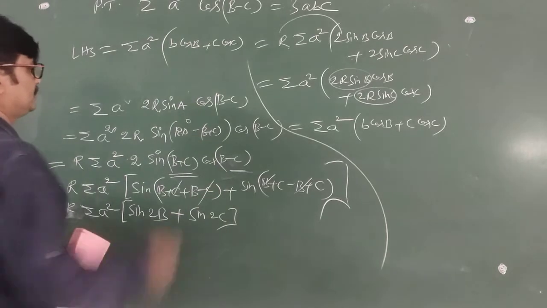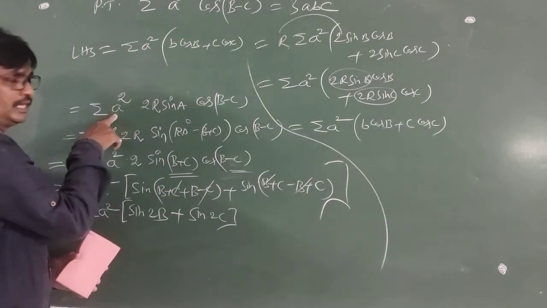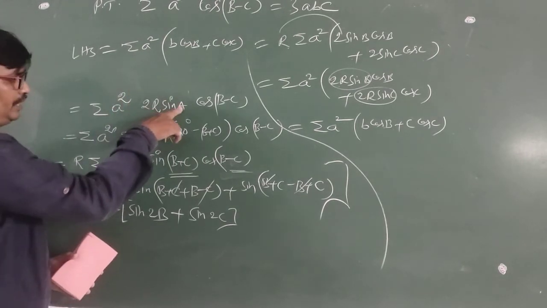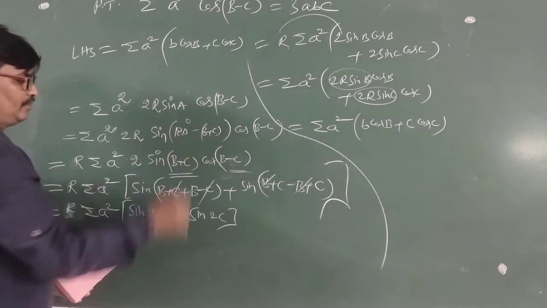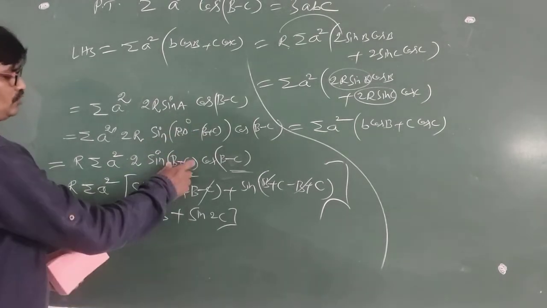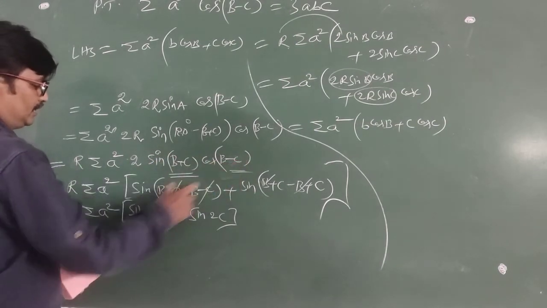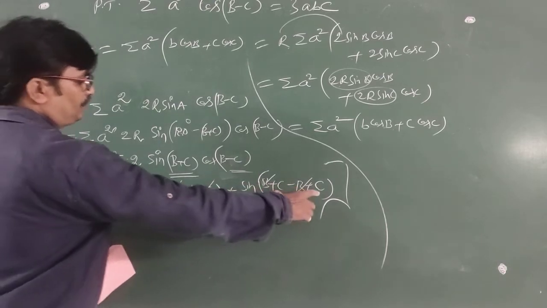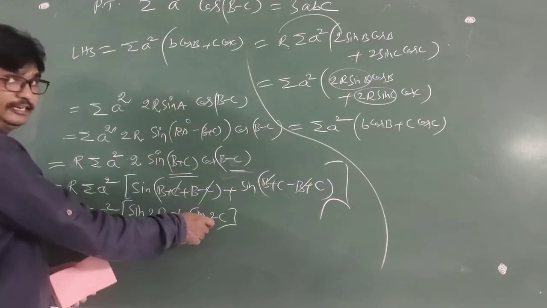Is it clear, students? First we can write a cube as a square into a. The small a is 2R sin A. A can be written as 180 minus (B plus C), sin of 180 minus theta is sin theta. Using 2 sin A cos B, that is sin of (A plus B) plus sin of (A minus B), after that this is sin 2B plus sin 2C.